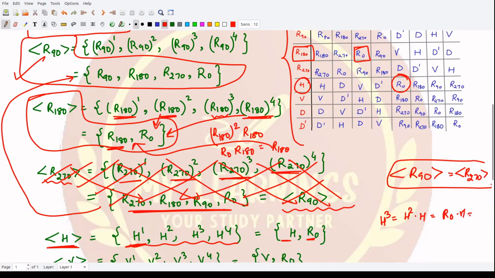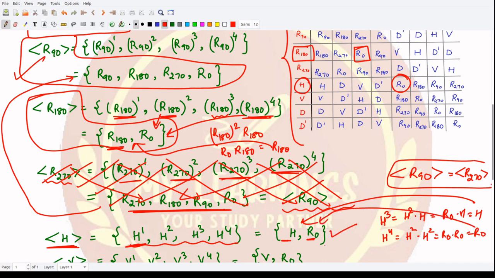R0 into H is again H. So you see, we start obtaining elements which repeat themselves. In this case, we only have two elements: one is H, another one is R0. Correct? So this is the fourth cyclic subgroup that we obtain from the elements of D4. What about the next one?